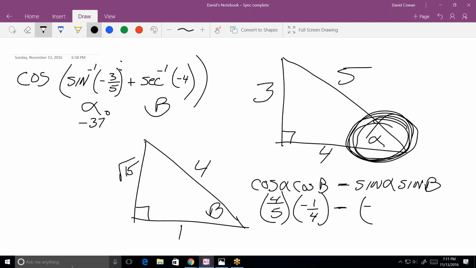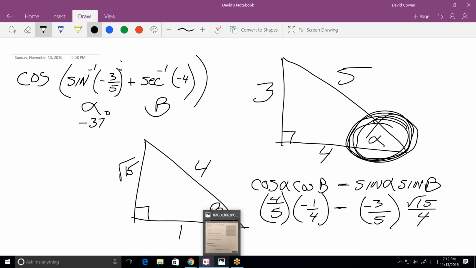Be very careful here that we don't drop a negative sign. It's very easy to do when you have two of them together. And what's the sine of beta? Square root of 15 over 4. Positive or negative? Positive, because it's which quadrant? The second, and sine is positive there.